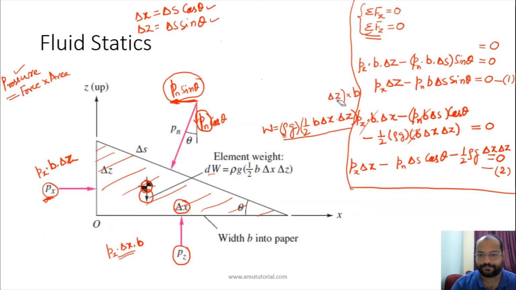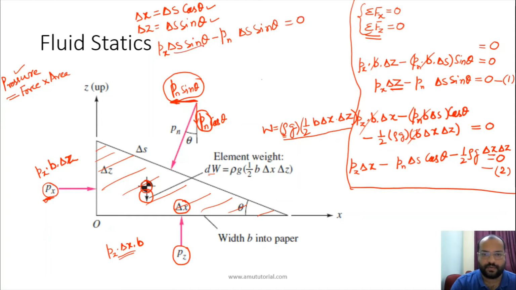Here we go. Now put this in equation 1. So it is Px, and if we put it in terms of delta S, we get delta S sin theta minus Pn delta S sin theta equal to 0, and b is cancelled over here.